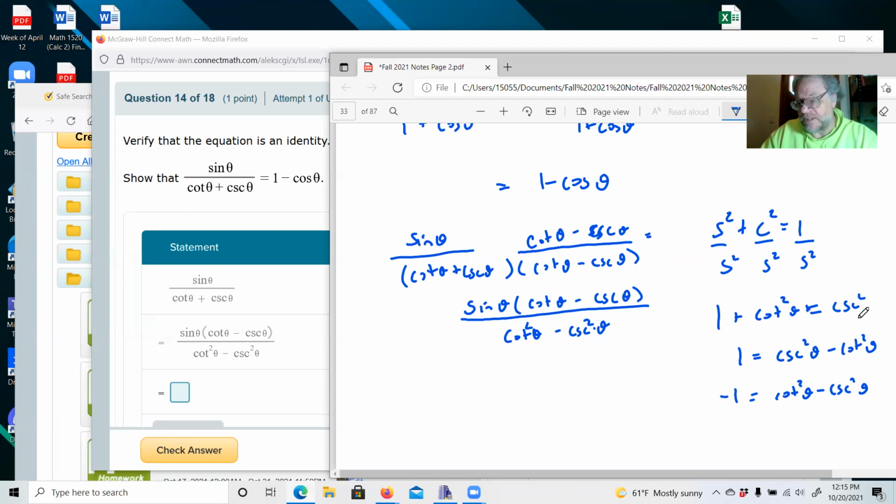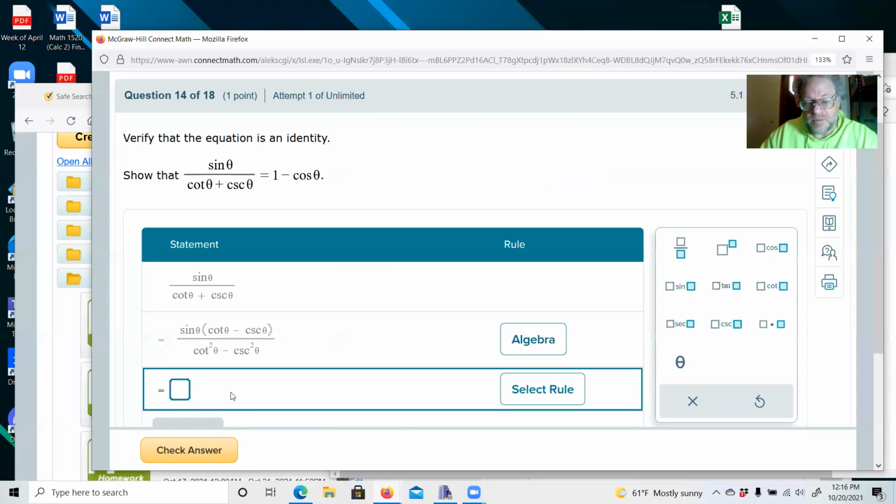So I knew I could do something with this. I didn't know what yet, but I knew I could do something with it. So cotangent squared minus cosecant squared is equal to -1. We are going to do a Pythagorean theorem thing there, so we're just going to pick this one.